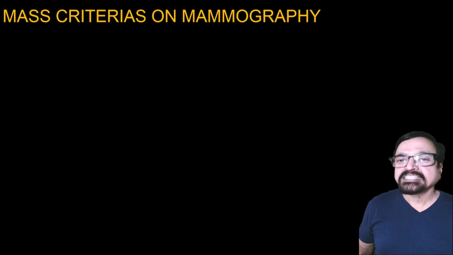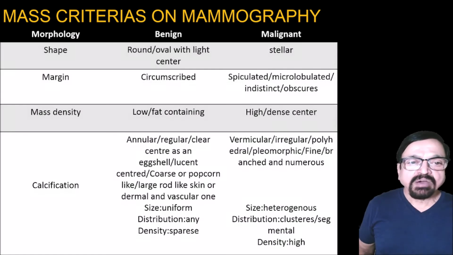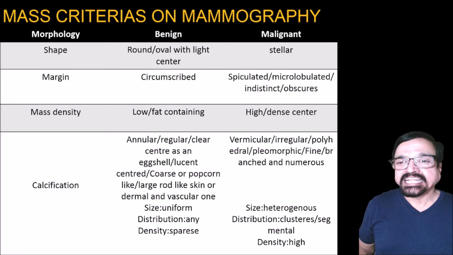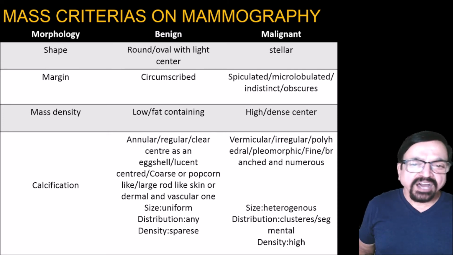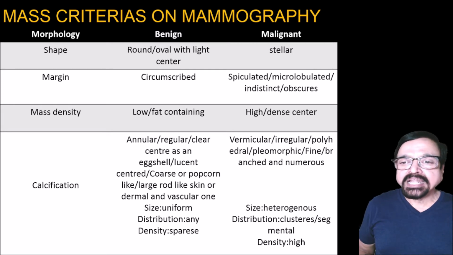Now what are the mass criteria on mammography? First is the shape. Benign lesions are round, oval or lobulated, while malignant ones are stellate. Margins are circumscribed in benign, while spiculated, microlobulated, indistinct or obscured margins are seen in malignancy.